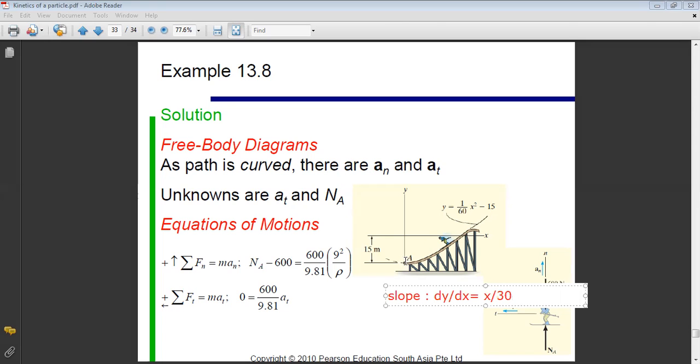And at point A, x is 0, so the slope is 0. So we deduce that the tangent at A is horizontal. And therefore, UT at A will be along the horizontal line and towards the left. Why towards the left? Because the skier is going down, okay? So this is the UT vector.